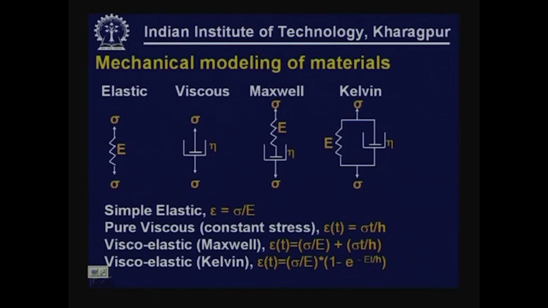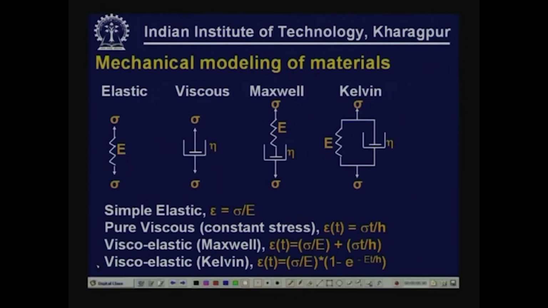For a pure viscous material subjected to constant stress, this can be represented by a dash pot. So, the strain is a function of time and is given by the stress applied as a function of time, divided by eta, the viscous coefficient.